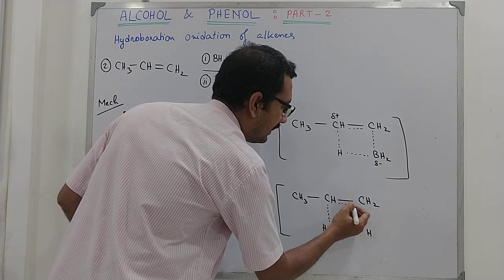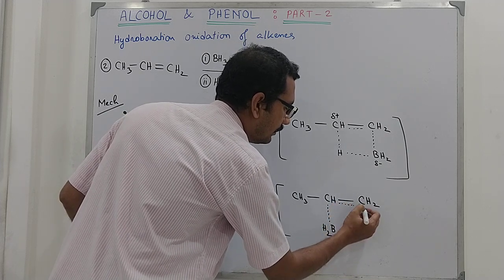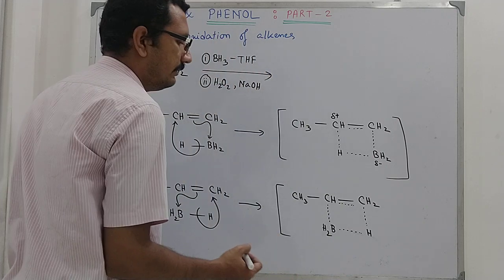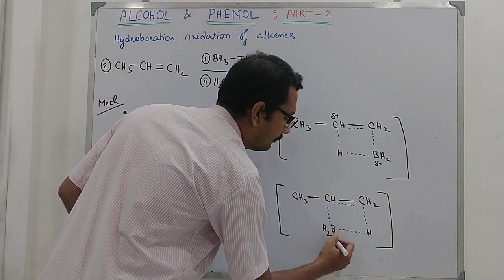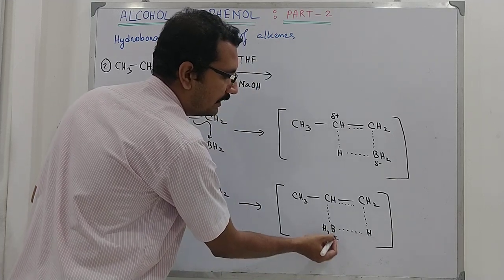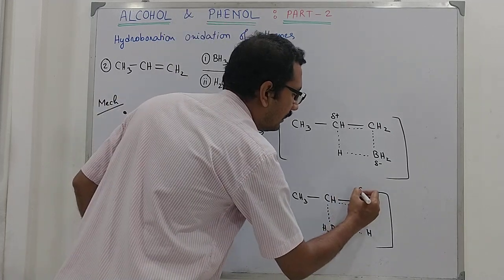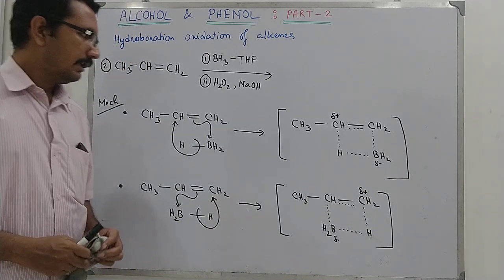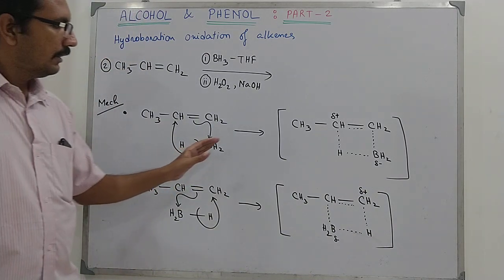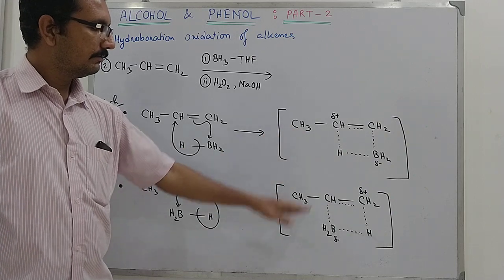Now the bonds that will break and the bonds that will form must be indicated by dotted lines in the transition state. Now here also we have a partial negative charge on the boron atom and a partial positive charge on the carbon atom. Now we have to judge which one is more stable.